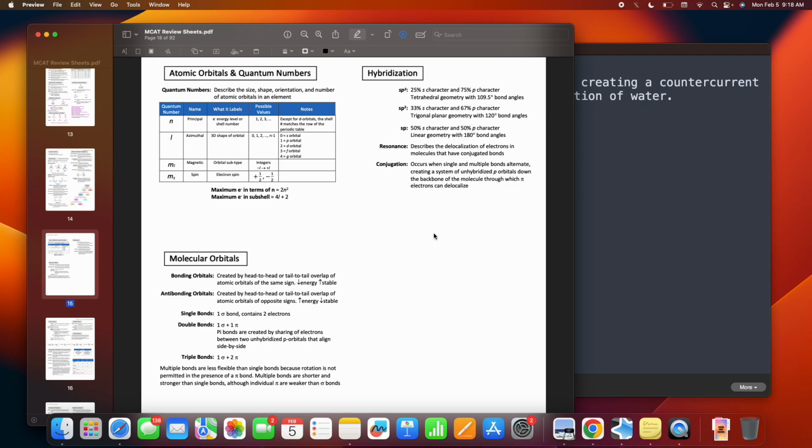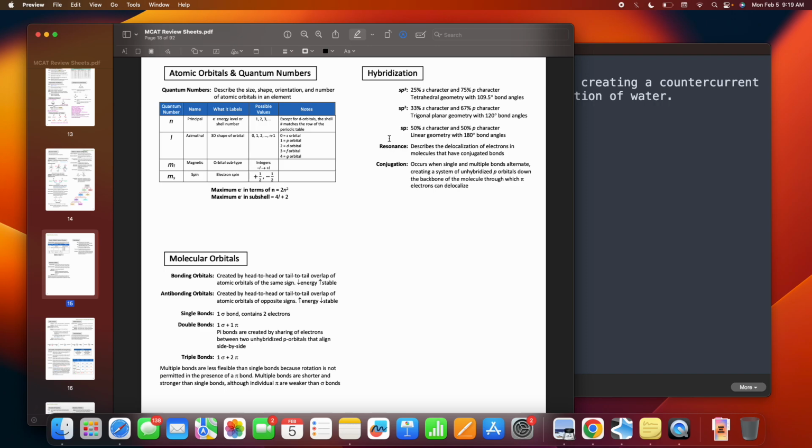And we have sp, which is 50% s, 50% p character, and linear geometry with 180 degree bond angles. H2O is not like that. H2O still has an angle, but it would be something different.